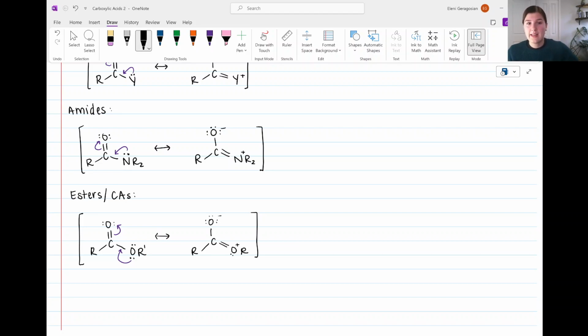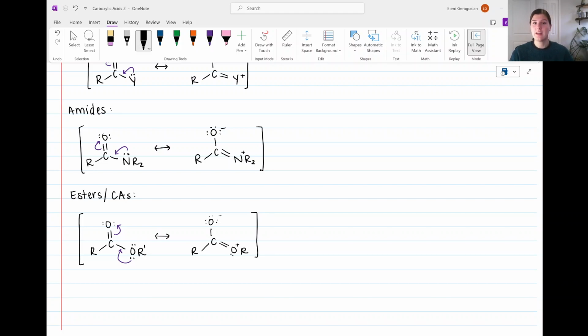So we already can now compare the reactivity of amides and esters / carboxylic acids. Now we said amides are less reactive than esters and carboxylic acids. And this resonance can help explain why that is the case. When we're looking at resonance in the amide, the nitrogen is donating electrons towards the carbonyl carbon.